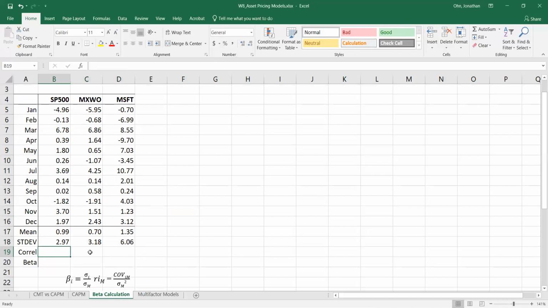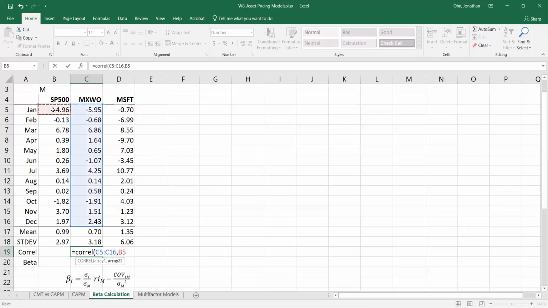Okay, correlation coefficient. As I said, the S&P 500 is the market portfolio. So let's calculate the correlation coefficient between each stock and the market portfolio. The correlation coefficient for MXXO is 0.95.